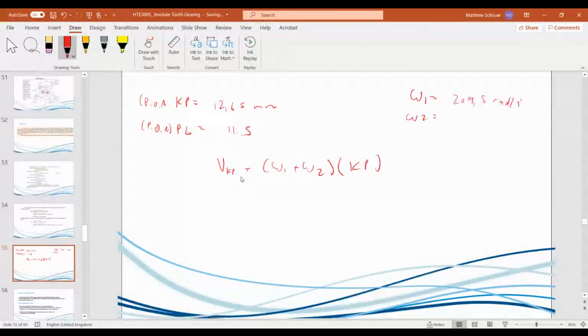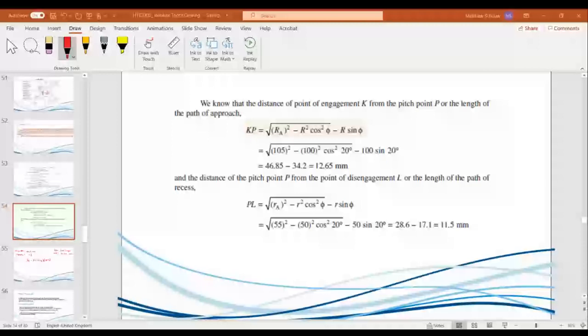Are we all happy with that? Are we all comfortable with finding the pitch circle radius? It's the same, the addendum, and then you end up with the same stuff. Are you guys content with this? Okay, LPL, yeah, you mentioned it there. Are we all on the same page? Are you guys lost? Please tell me if you're lost.